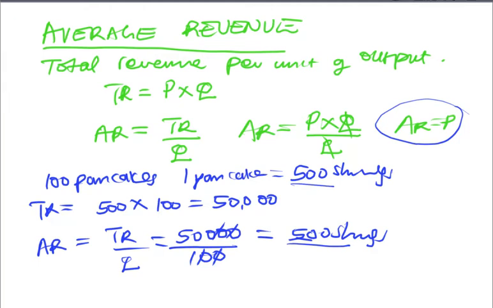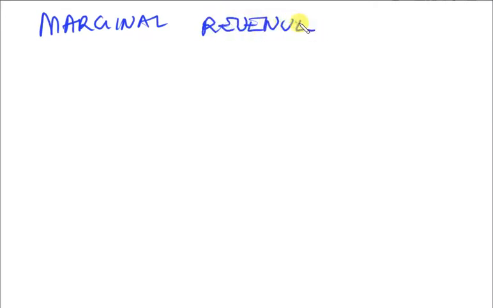And then the other last way we look at is marginal revenue. That is marginal revenue. So every time you hear of marginal, you're talking about additional.